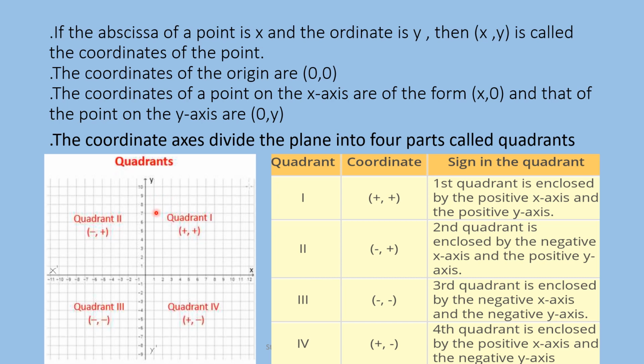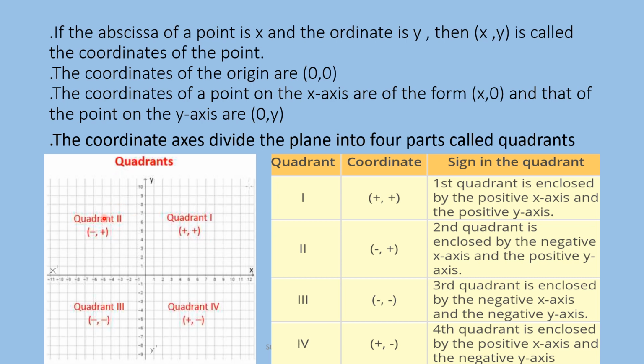The first quadrant is enclosed by the positive x-axis and the positive y-axis. That is, in quadrant 1, the x-coordinate and y-coordinate will be positive.